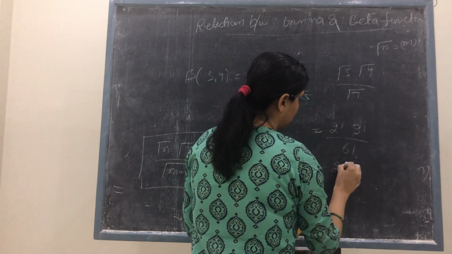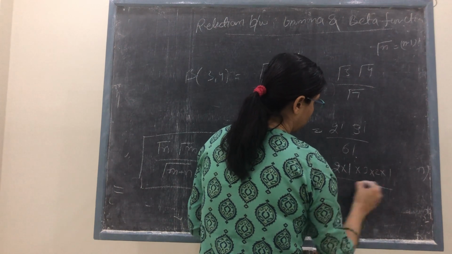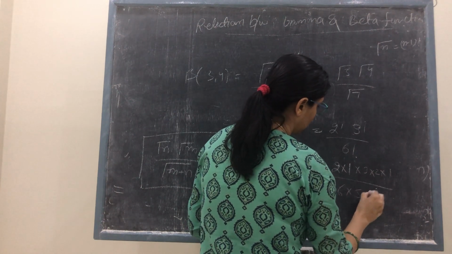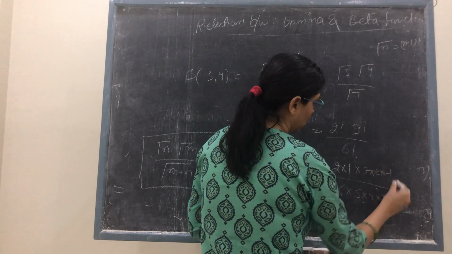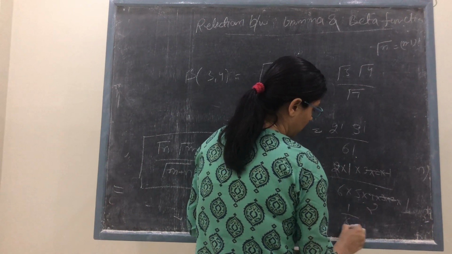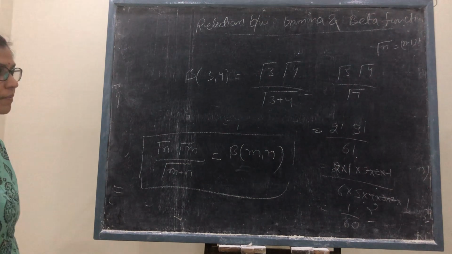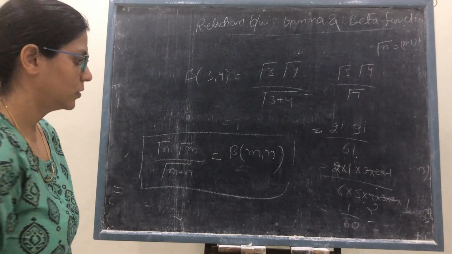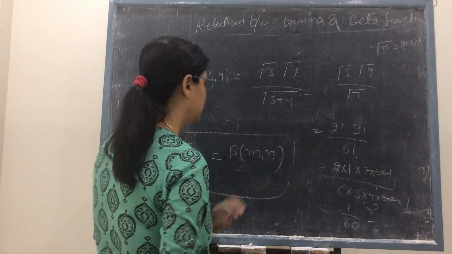That is 2 into 1 into 3 into 2 into 1 over 6 into 5 into 4 into 3 into 2 into 1. 3 into 2 into 1 cancels, so this is 1/60. Clear? So now you can find any values using the gamma and beta function relation.